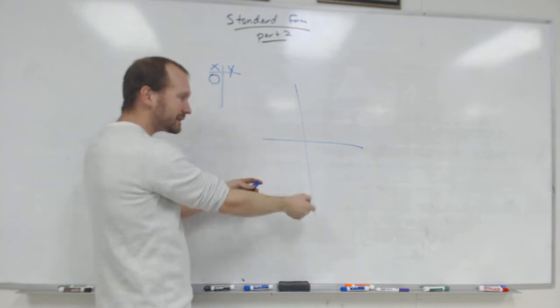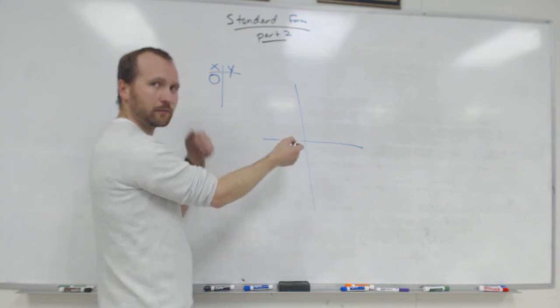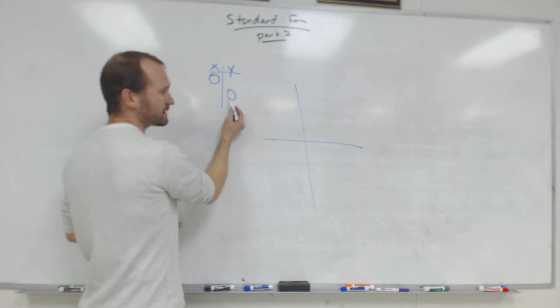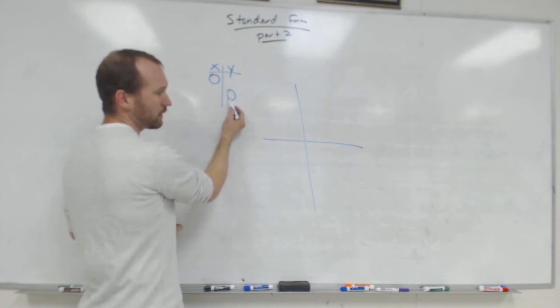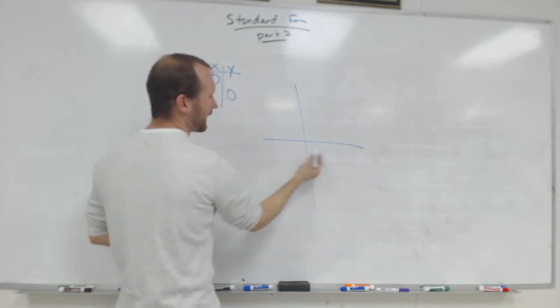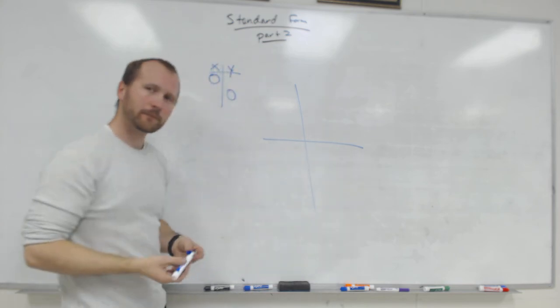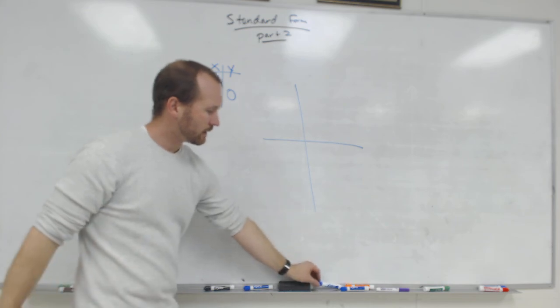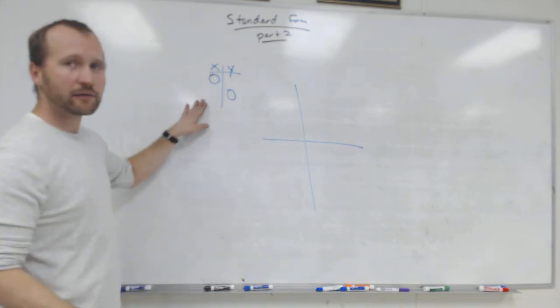So the y-axis is where x is 0. The x-intercept is always where y is 0. That's where the line will hit the x-axis. That's based on how we graph standard form.